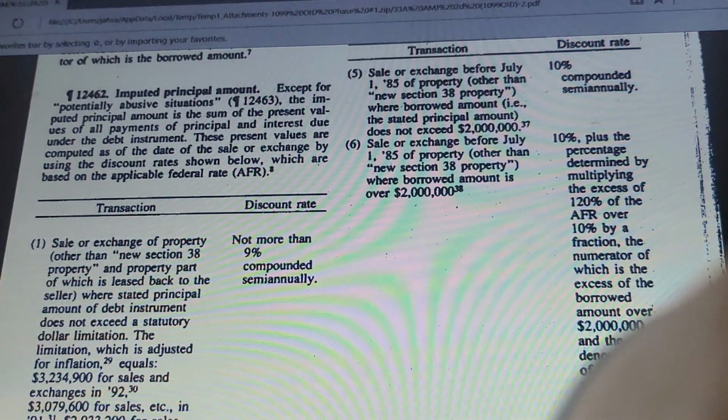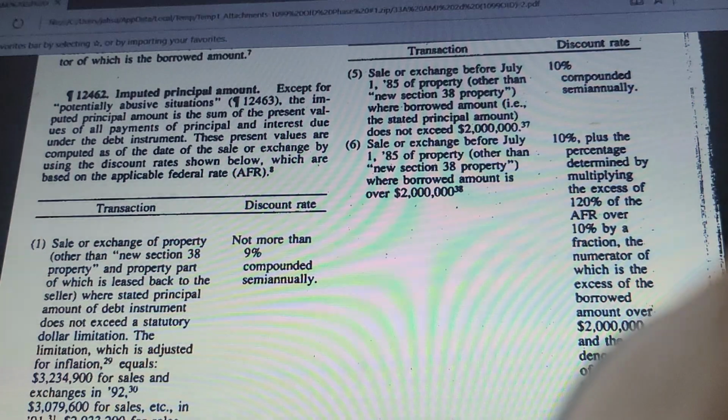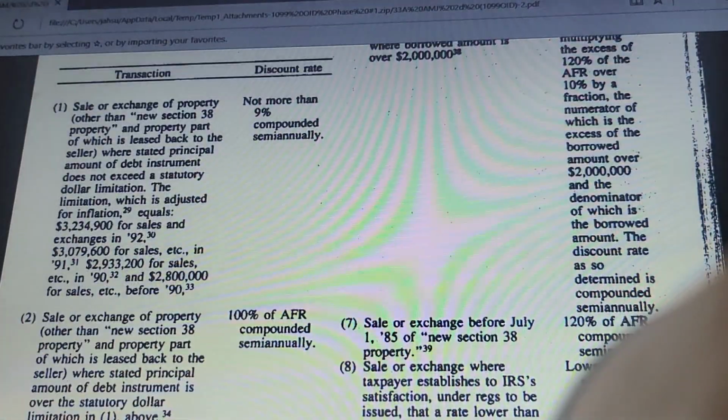6. Sale or exchange before July 1st, '85 of property other than new section 38 property where the borrowed amount is over $2 million. Discount rate 10% plus the percentage determined by multiplying the excess of 120% of the AFR over 10% by the fraction, the numerator of which is the excess of the borrowed amount over $2 million, and the denominator of which is the borrowed amount.